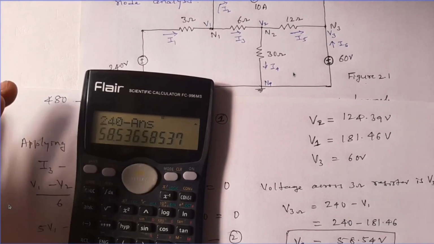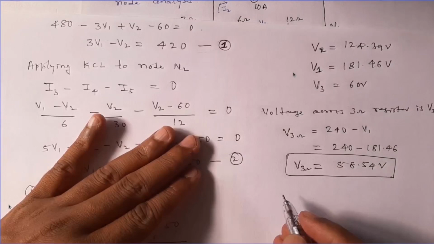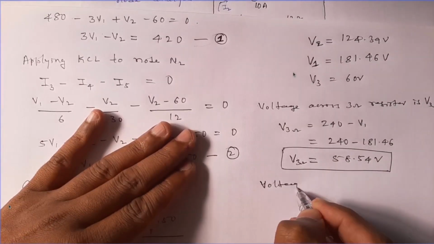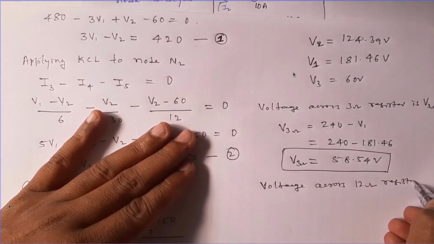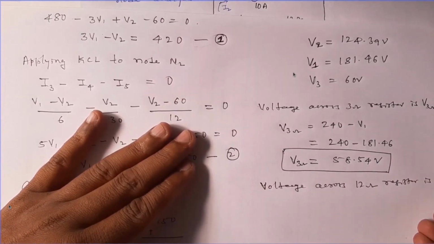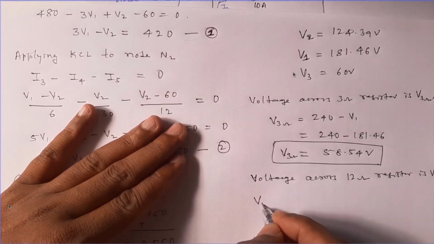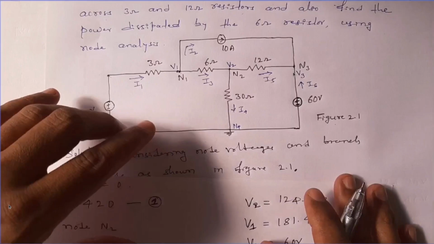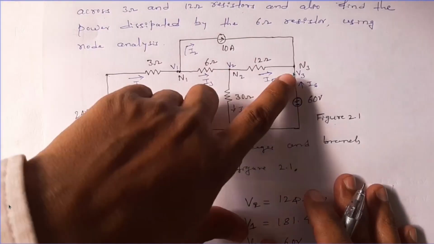And next, what are we supposed to find? The voltage across the 12 ohm resistor. I'll write the voltage across the 12 ohm resistor as V12 ohm. Because of the current direction I am considering, V12 ohm is equal to V2 minus V3.